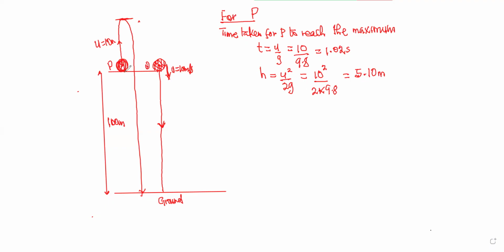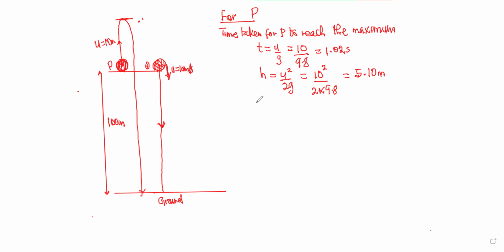So if P gets to the maximum height, of course, it must drop to the ground. So let's determine the time taken for P to move from the maximum height back to the ground. When P is falling from this point, it is free falling.